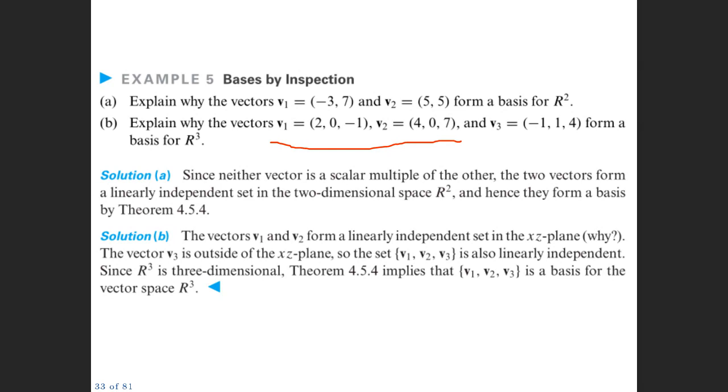Vector v3 does not have a 0 in its second position, it has a 1. So v3 is not in the x, z plane. So that tells us that the set of vectors v1, v2, v3 is linearly independent. Because R3 is 3-dimensional, and because we have a linearly independent set of 3 vectors in R3, straight away we know it's a basis for R3. We don't need to prove that it spans R3, we get that free of charge. It's enough to show that it's linearly independent.